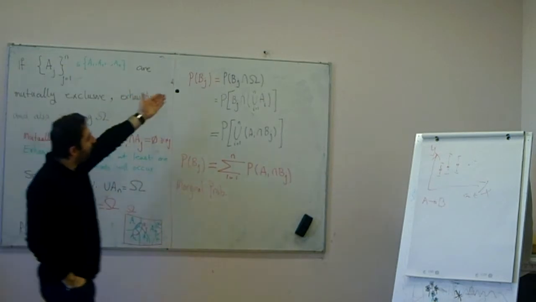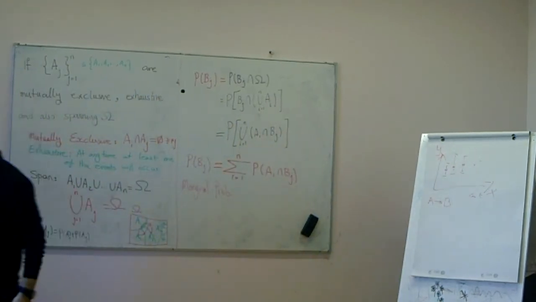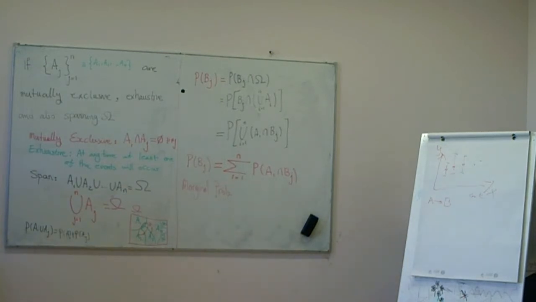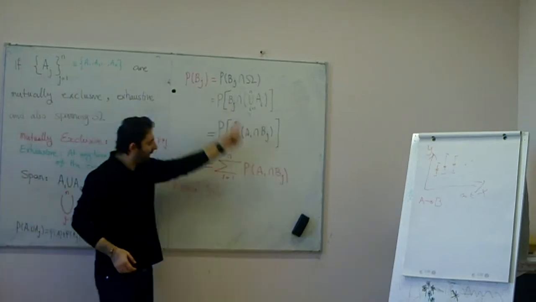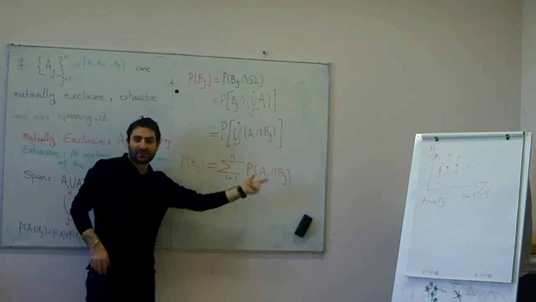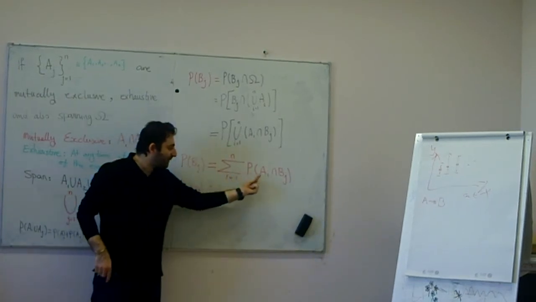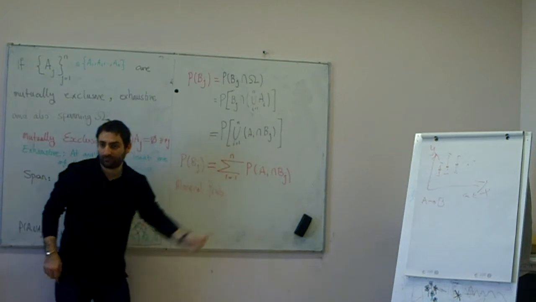A proof of these ones, because you will have it with yourself, will not be asked. I don't say that I will not ask proofs, but I don't ask for proofs that I already have done in class. However, it is useful to know how we are getting this. Because if I only write this one and define it as the marginal probability, then your brain can become confused about how we got this.